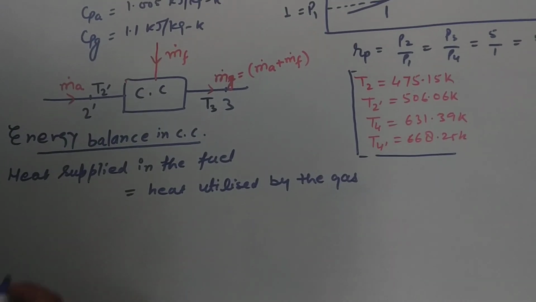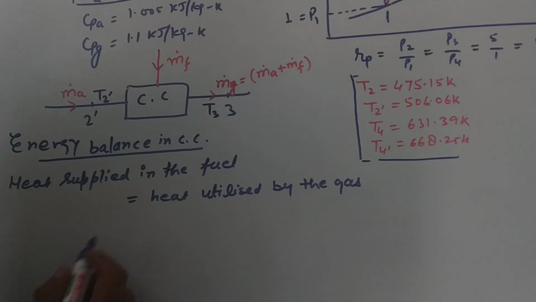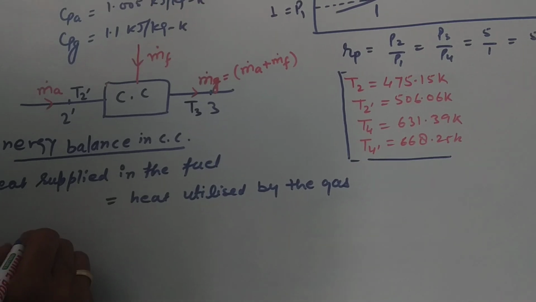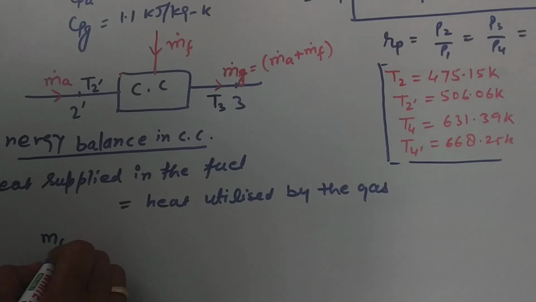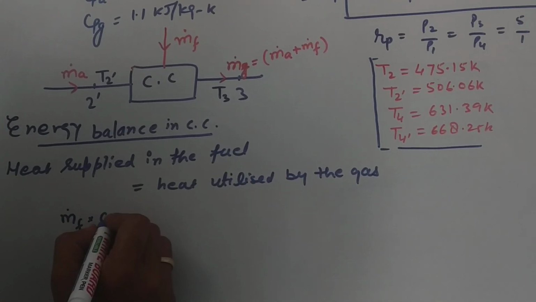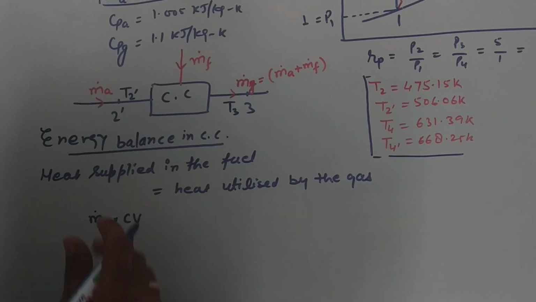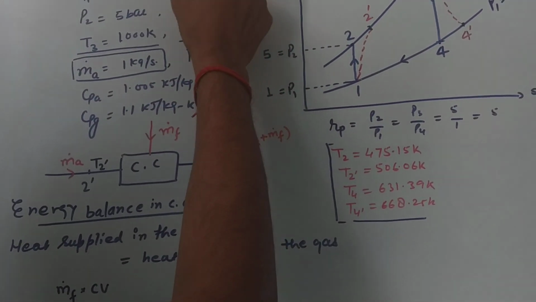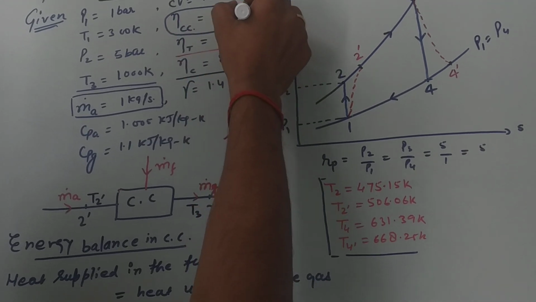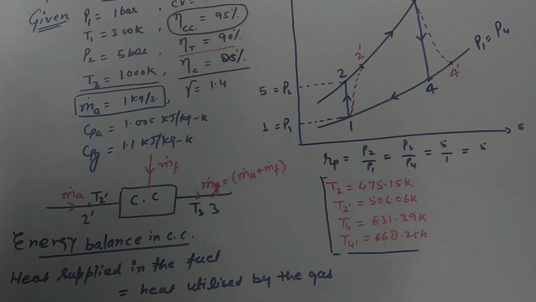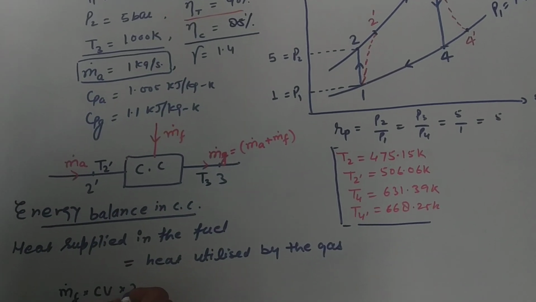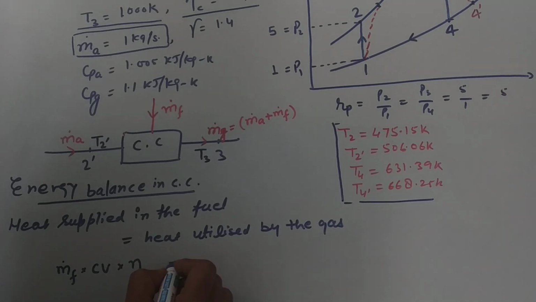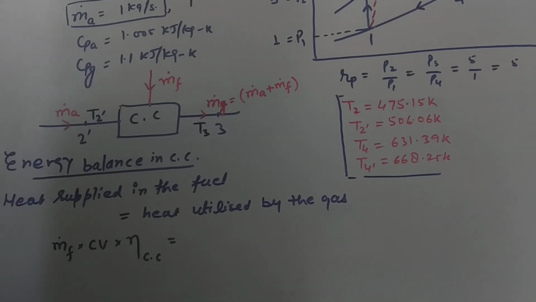Okay, heat supplied by the fuel is the energy, mass flow rate of fuel multiplied by its calorific value. This is the energy supplied by the fuel. Since we are also given that the combustion chamber efficiency is 95%, we multiply by the efficiency of the combustion chamber, because there are 5% heat losses through the walls.